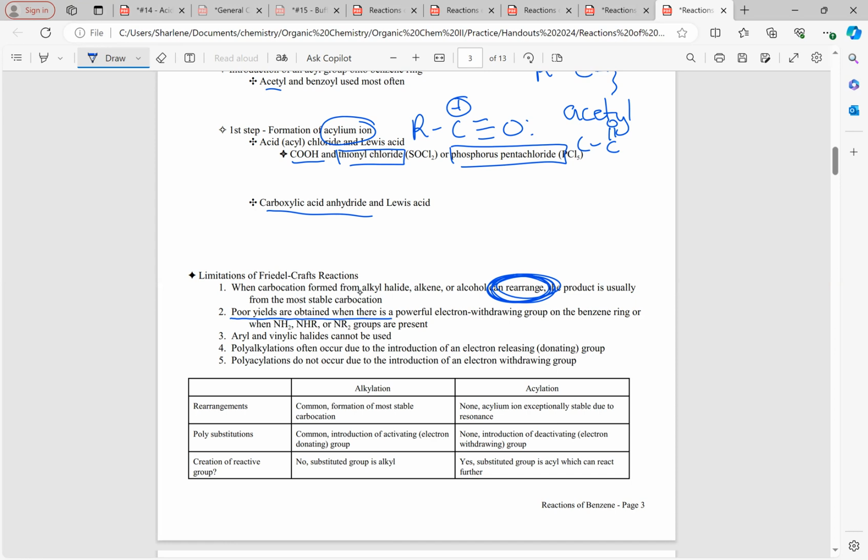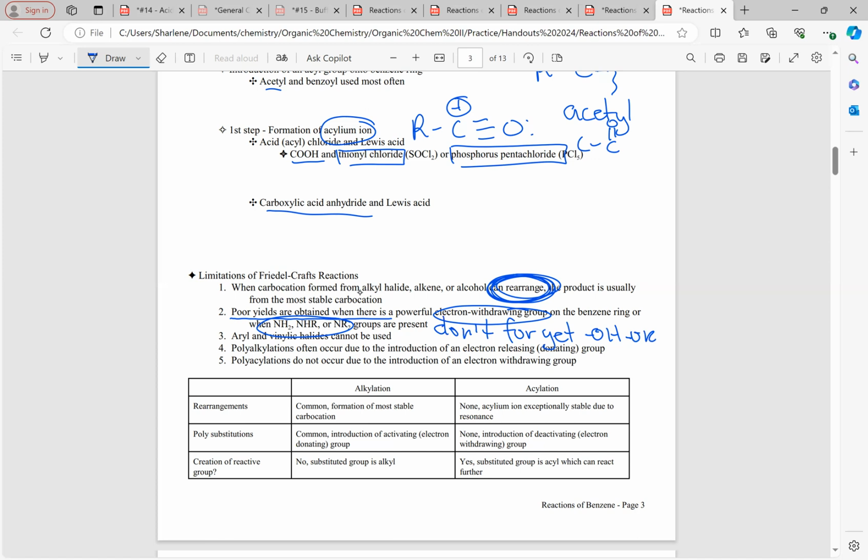So I am going to go into that in more depth, but just know that if you have really powerful electron withdrawing groups, that's a bad thing. Or when you have really good electron donating groups. Now, I didn't put right here oxygen, but don't forget oxygen. So the OH, OR would also work in that case.